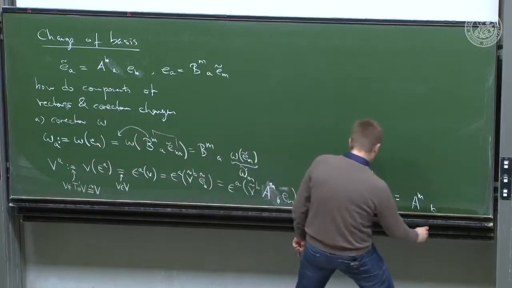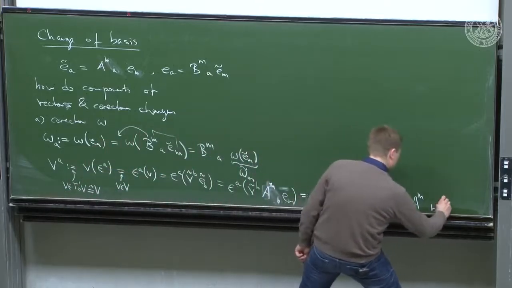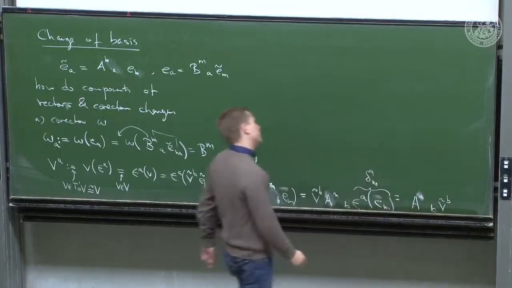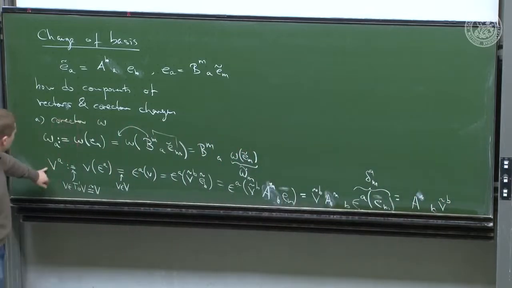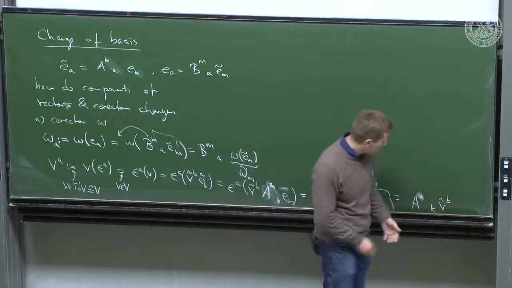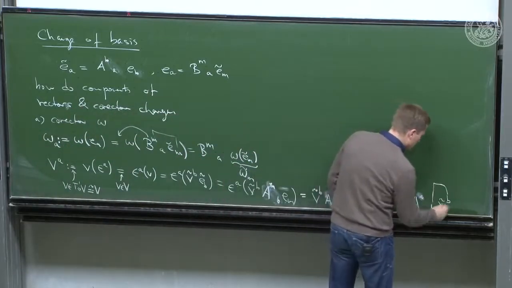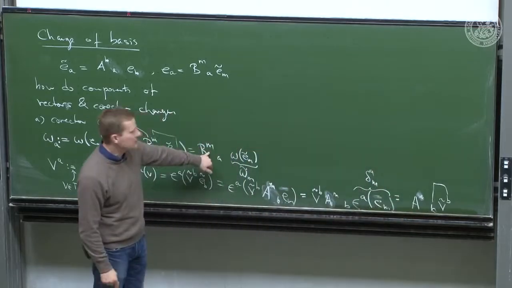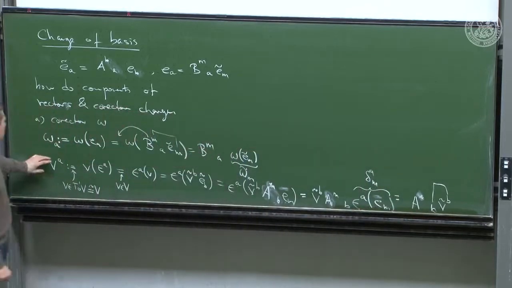Yes, AMB VB, correct. AMB VB twiddle, and the delta makes this into an A. It's perfect. Right. So you have the relation that the VA components are the components V twiddle B from the other system, and here you have the summation convention, of course, and now it goes with the opposite matrix, with the inverse of this matrix. So if vectors transform this way, covectors transform the other way.